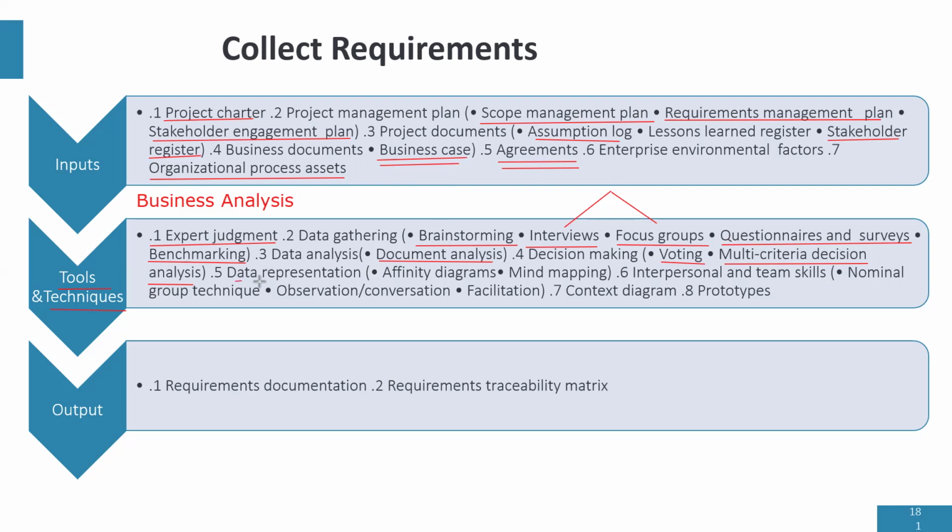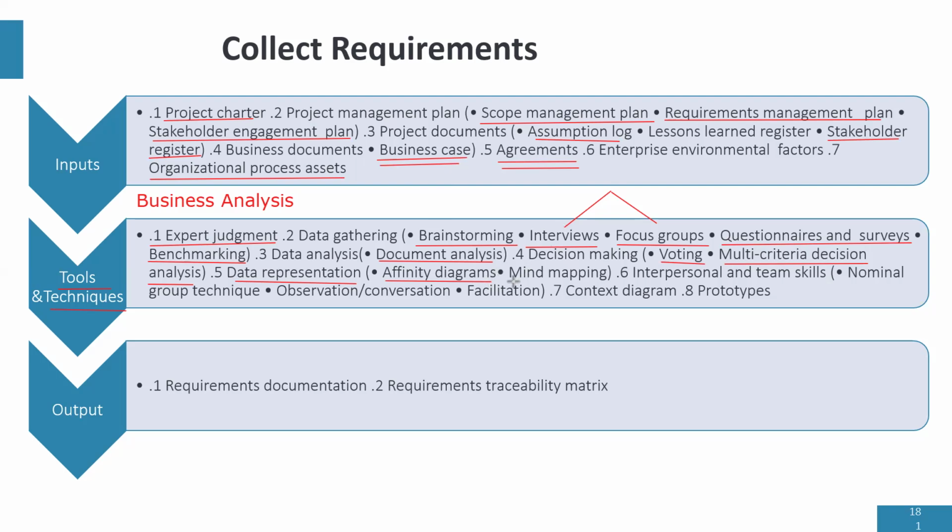Now, data representation shows how we can display the requirements. We can use affinity diagrams to show if the requirements are related in any way. The word affinity means like. So if we have similar requirements, we are hearing two or three stakeholders talking about almost the same thing, just group the requirements together in a box, and we call that an affinity diagram.